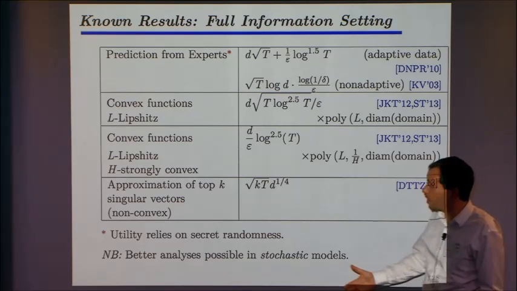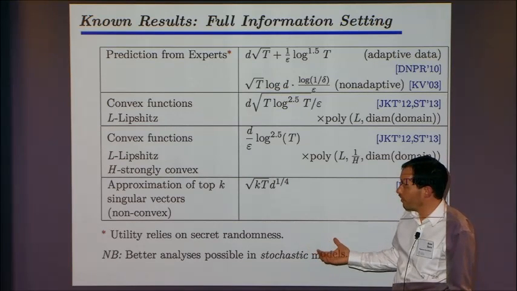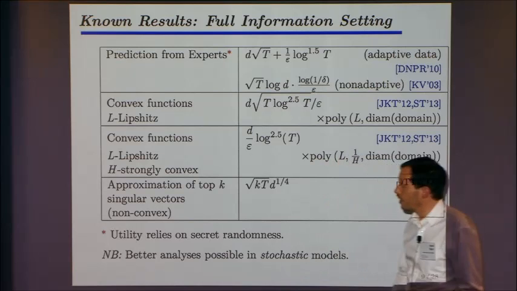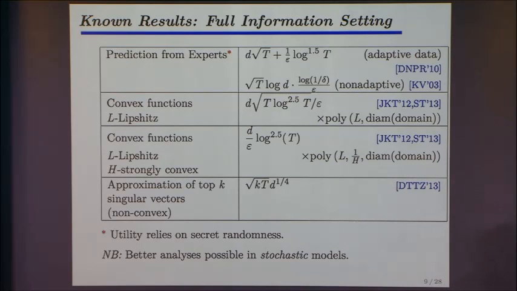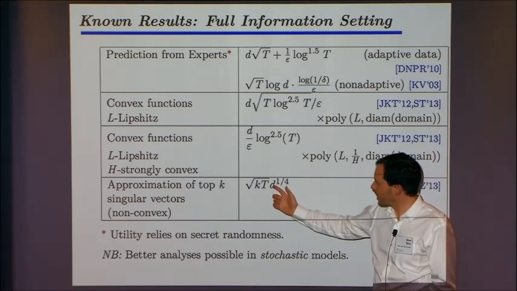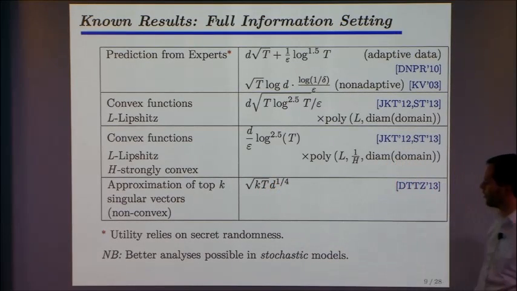And a recent result is that you can also get an online approximation for a very non-convex problem, finding a rank-k approximation of the right singular vector space, with again a dependency something like square root of T times a small polynomial in the dimension. That's work due to Dwork, Talwar, Thakurta, and Zhang, that we'll hear more about tomorrow or Saturday.